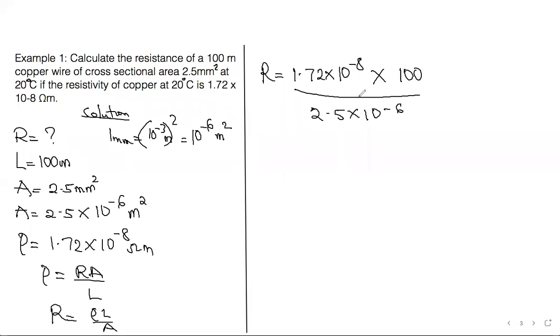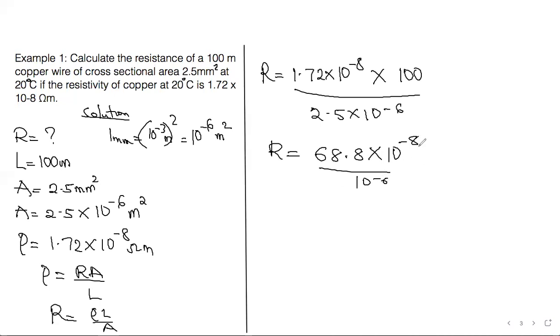Now, if you punch your calculator, I want to leave the 10 to the power minus 8 and 10 to the power minus 6 first. If I do 1.72 times 100, 172 divided by 2.5, that gives 68.8. So R is 68.8 times 10 raised to the power minus 8, but we have 10 to the power minus 6 here.